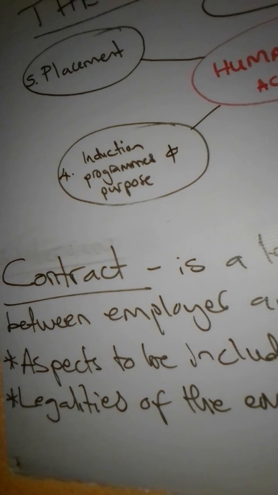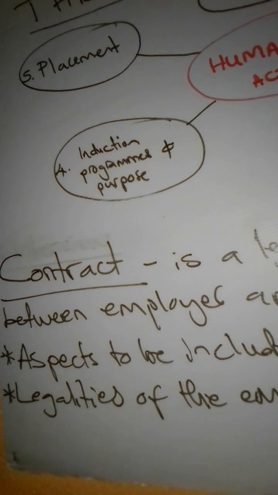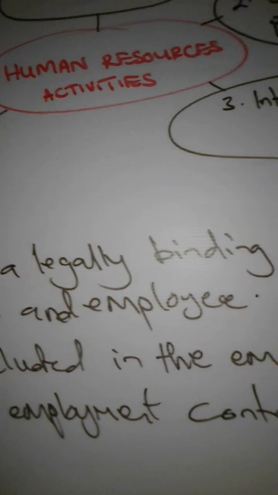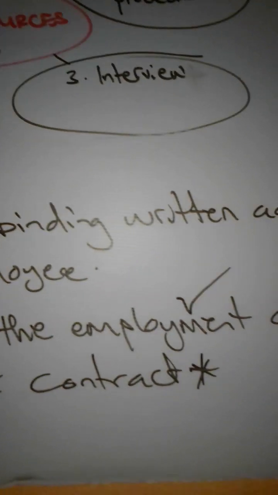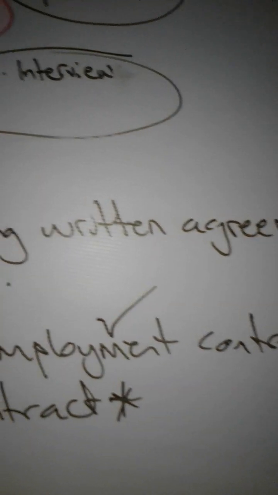Sometimes you find that some people take the contracts to their lawyers before they put their signatures. Because remember, after you have signed, this document becomes legally binding. It binds you, the applicant, and the employer.